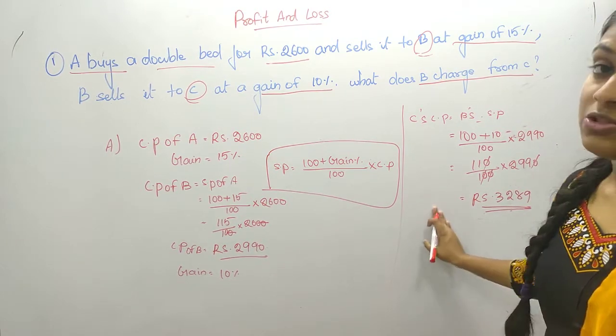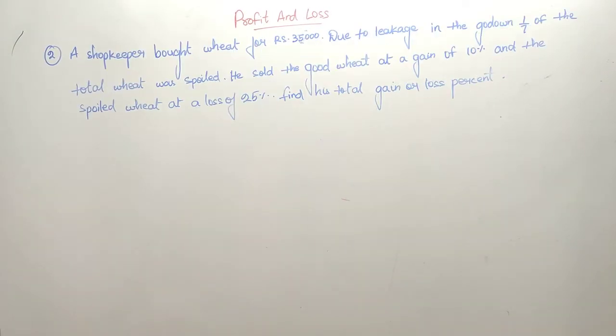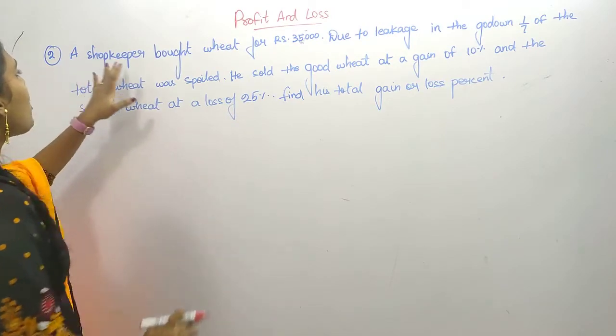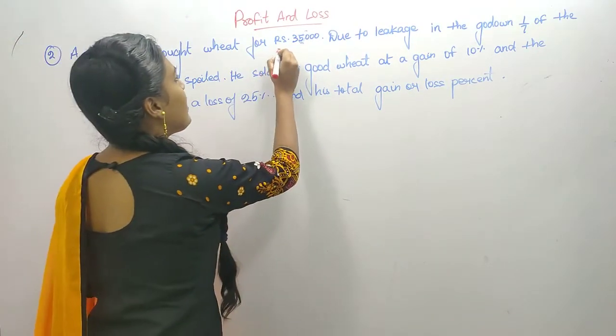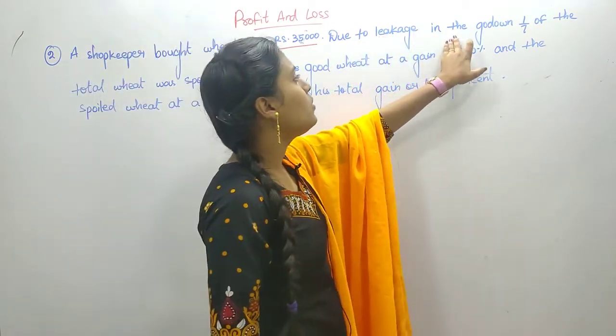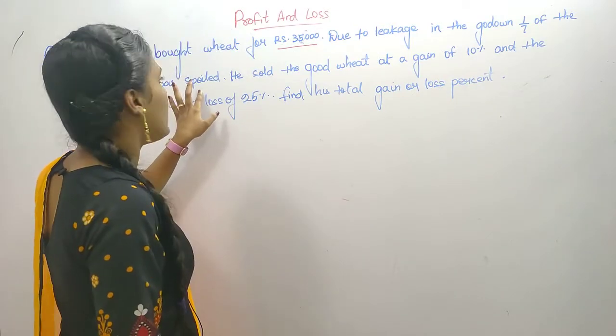Next, let's solve the next problem. What is the second question given here? A shopkeeper bought wheat for rupees 35,000. Due to leakage in the godown, 1/7 of the total wheat was spoiled.